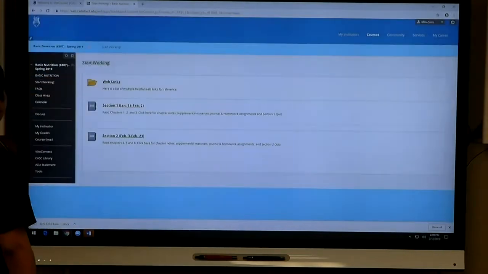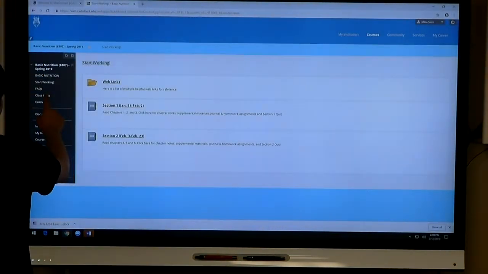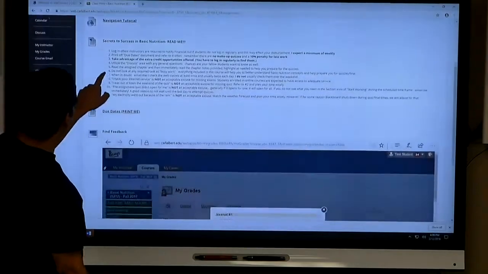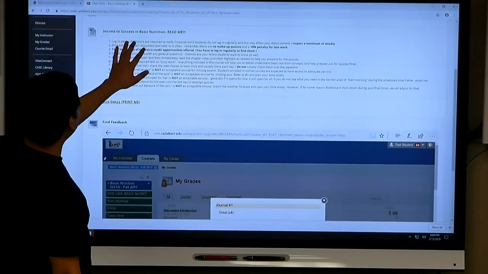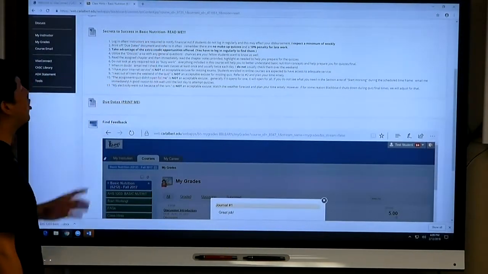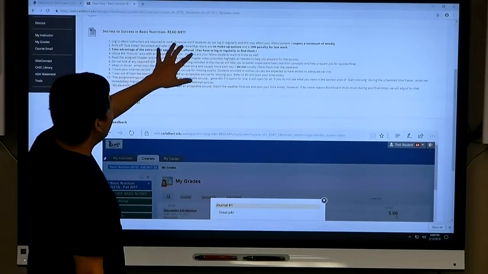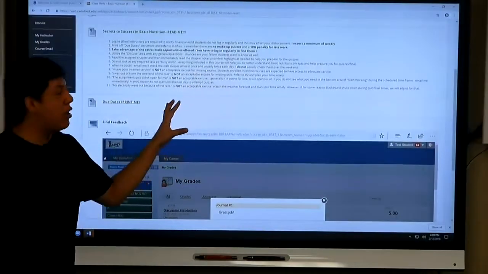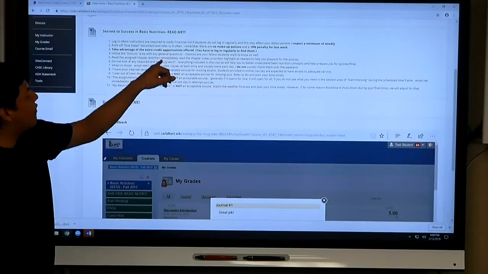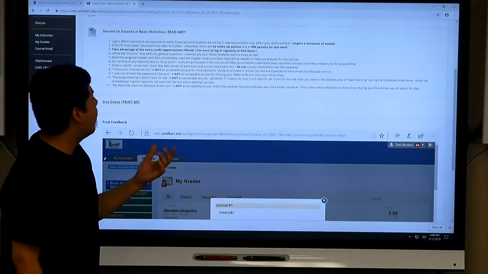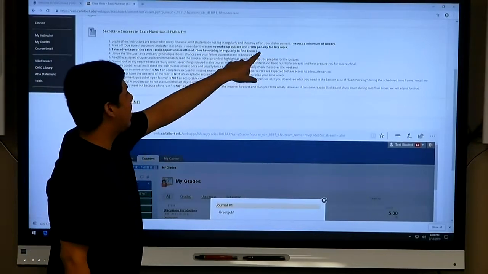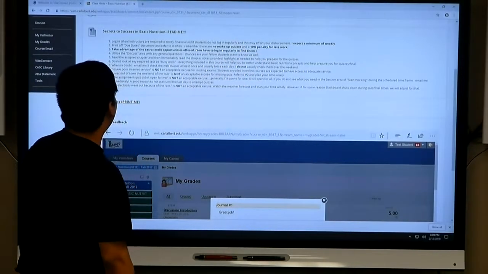Okay, we can go to class hints real quick. This says secrets to success in basic nutrition, read me. It says log in often. It says if you do not log in regularly, they're going to notify financial aid. So make sure you do that, and that may affect your disbursement.